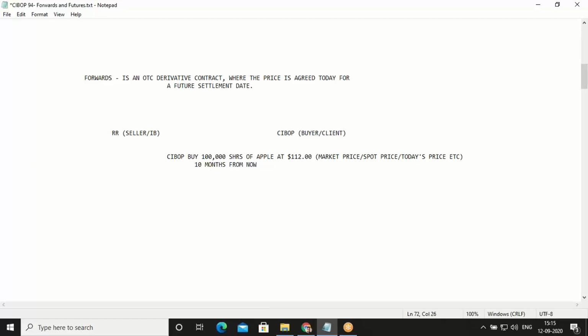What's 10 months from now? September to September is July. So what's today's date? The 12th. So 12th July 2021 is the delivery date. Is this idea clear with everyone?